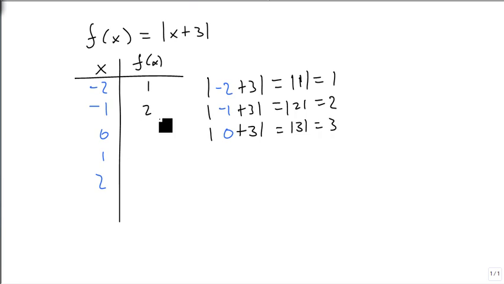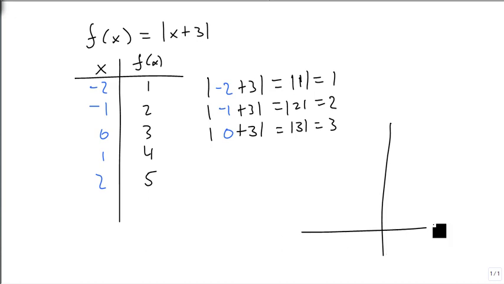So we're going to have a 1 here, a 2 here, a 3, a 4, and a 5. And if I try and graph this right now, we're getting the following graph: (-2, 1), (-1, 2), (0, 3), (1, 4).